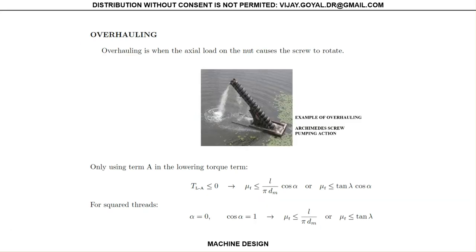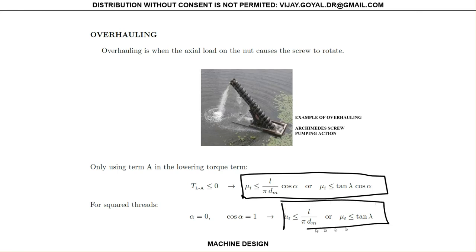Now, the case of overhaul: the only example I could find is a water flow system where it's rotating by itself. It's not requiring much torque; actually, it's something like a negative torque. In that case, the condition for overhaul is given by this expression.